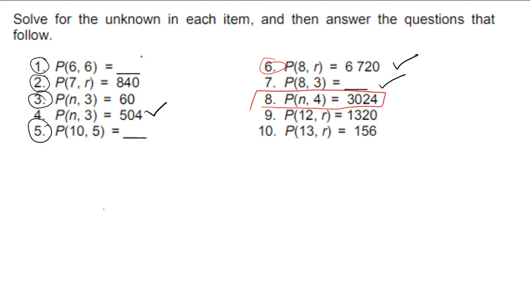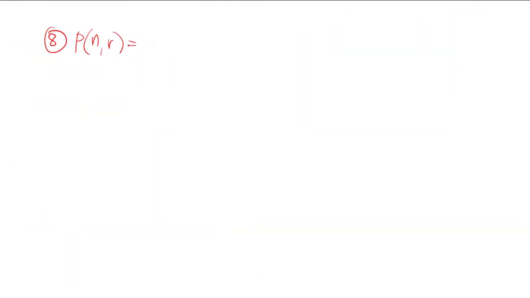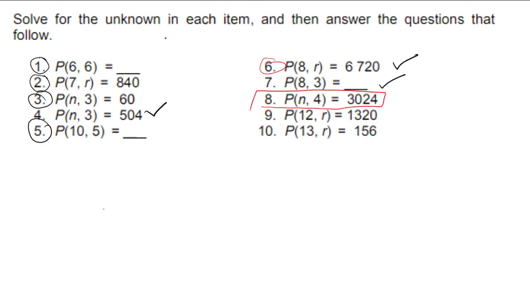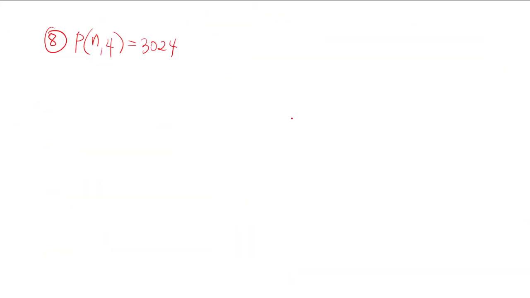So number 8 is the permutation of n things taken r at a time is equal to 3024. Ulitin natin, tama ba tayo? P, permutation, okay, tama. Okay, next. So, given tayo, r is equal to 4, and the permutation of n things taken 4 at a time is 3024.